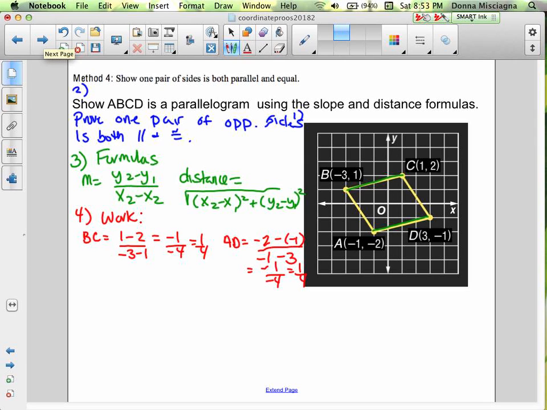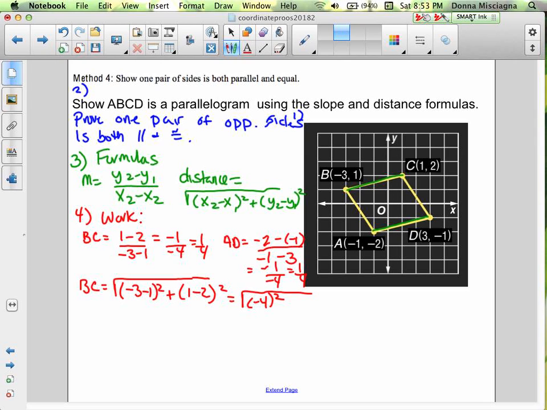Now let's find the distance. Let's find the length of them. So BC: difference in the x coordinates, so that would be negative 3 minus 1 squared plus the difference in the y coordinates, 1 minus 2 squared. Negative 3 minus 1 is negative 4, squared.